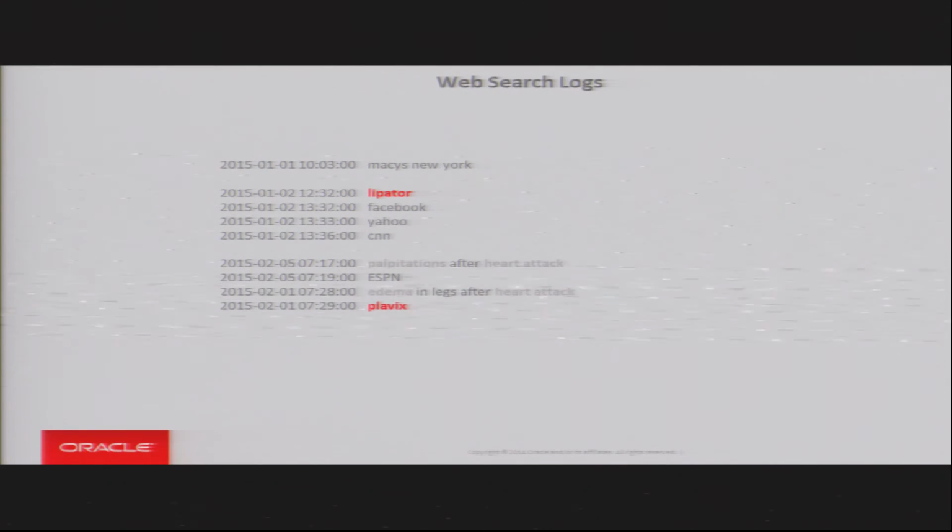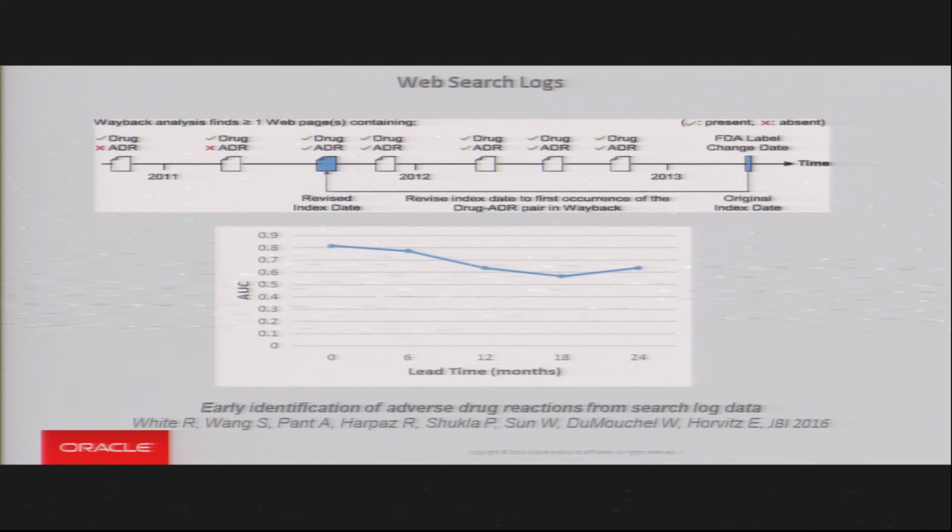If they searched for a drug at one time and then later on searched for an adverse event, you might wonder whether they were concerned about an adverse event after starting to take the drug.